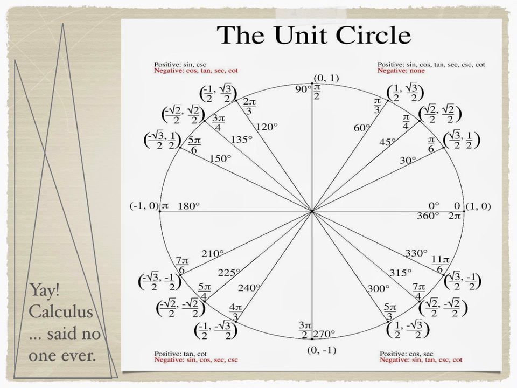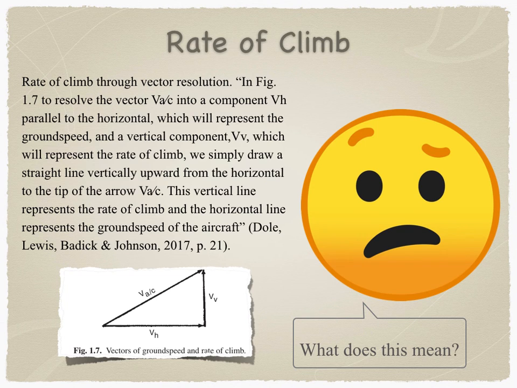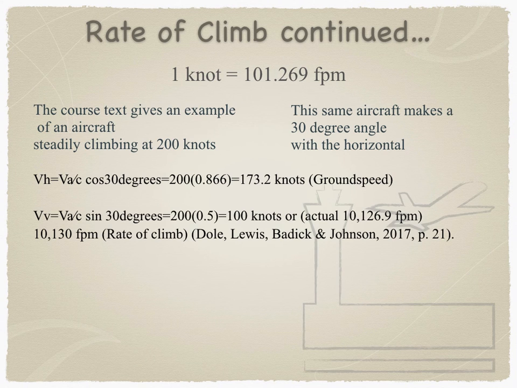So they just put the decimal value in place of square root 3 divided by 2. So they have 200 times 0.866, and we'll go back to the slide here. And that's why they call it a cosine here. So they have 200 times 0.866, which does equal 173.2 knots. That's the ground speed. So make sense so far?